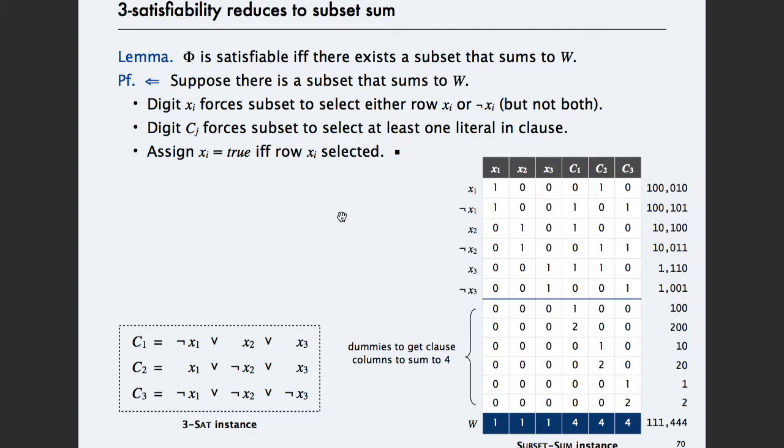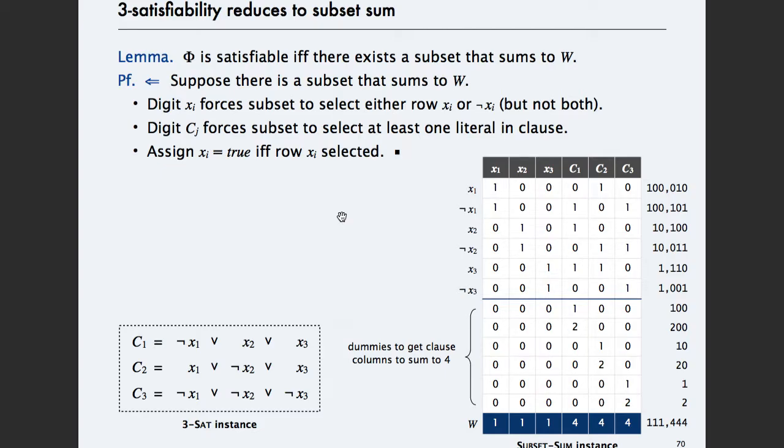Conversely, if there is a subset sum, then I will have a satisfying assignment of variables. Once I get the subset sum that adds up, I just go looking in this and choose the corresponding number.